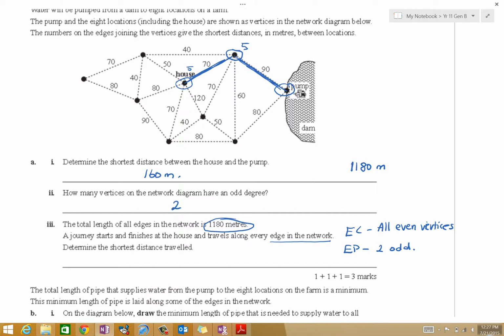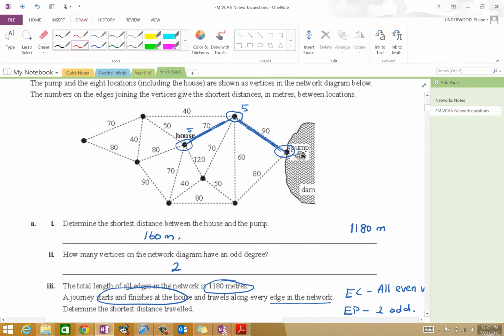But the problem is, it says here we have to start and finish at the house. So, where are we going to start? It doesn't really matter, but if I start here, let's just say I go here, then to there, then to there.